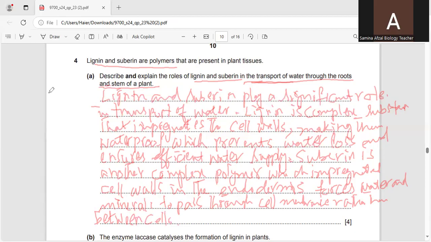So it provides selective permeability. And both of them provide the strength and support to the plants.